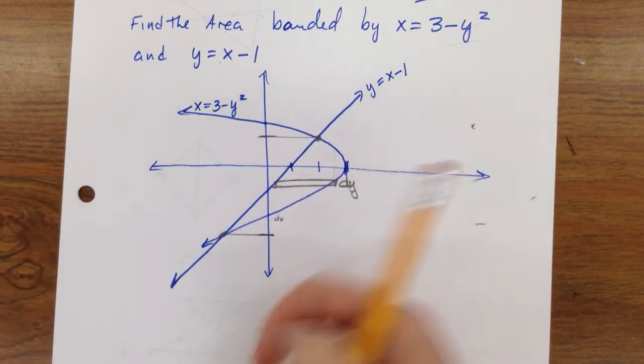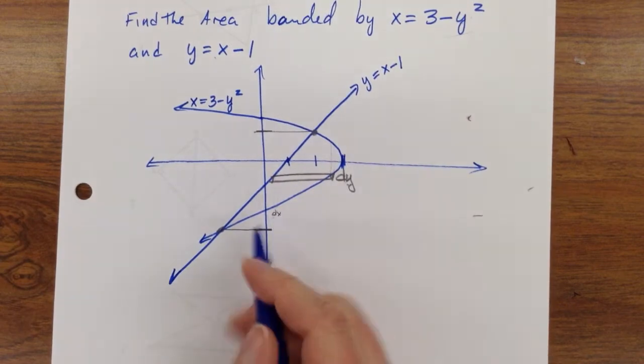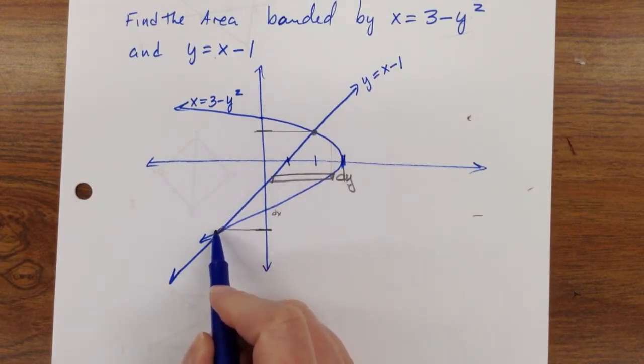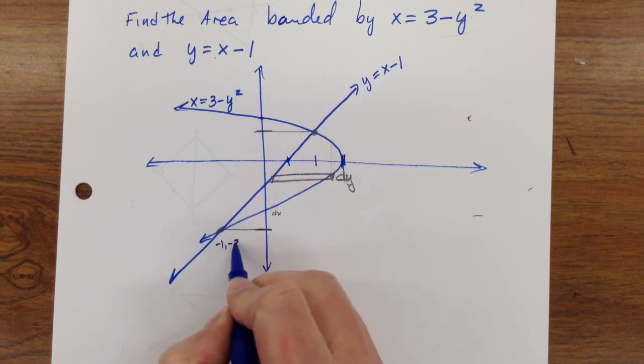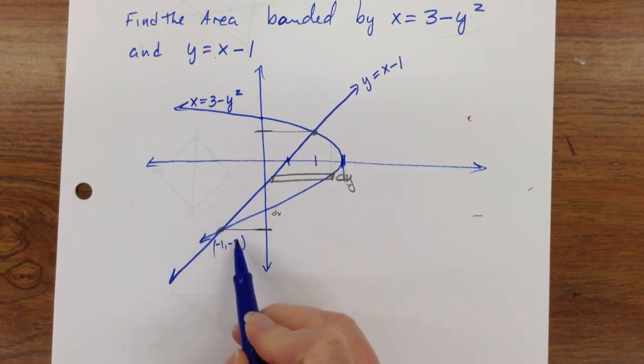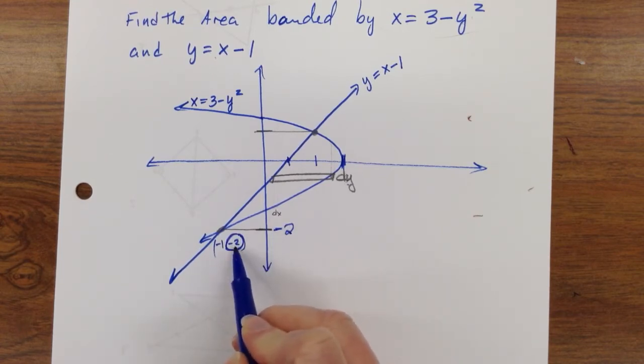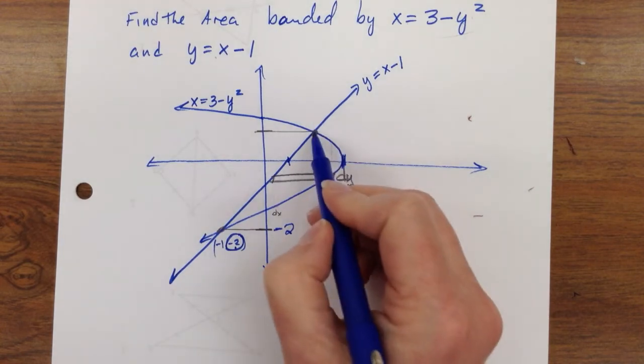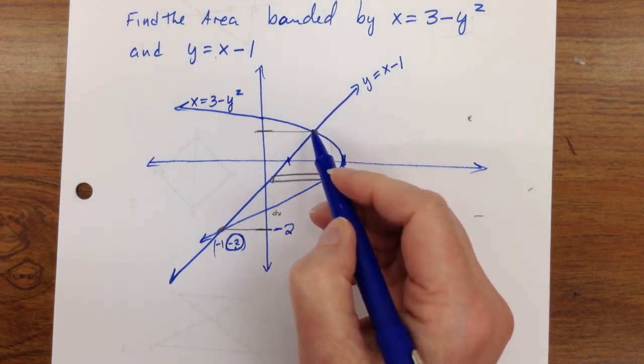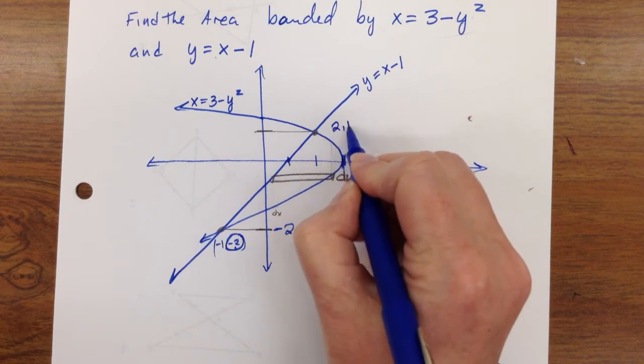And when we integrate, well, I could just tell you where these are. This is the point (-1, -2), and we could solve to get that, but here's the idea. It is the y-coordinate, -2, not the x-coordinate, that becomes my limit of integration. This point of intersection, I can do the work for you, but it's the point (2, 1).